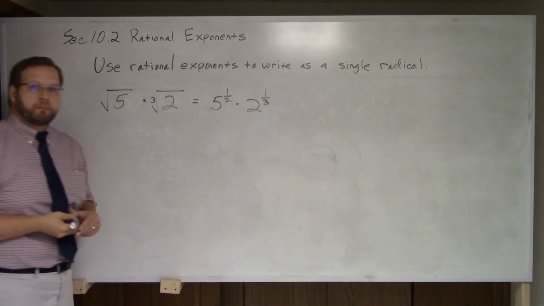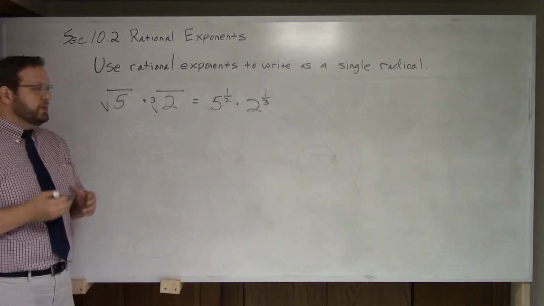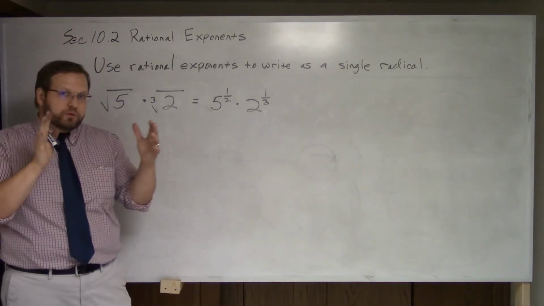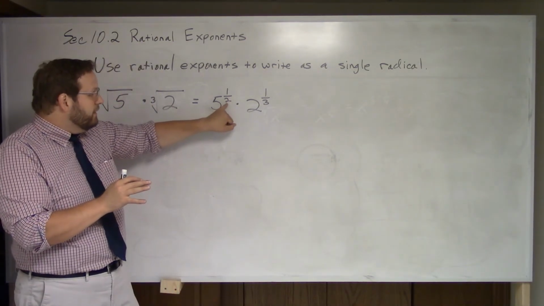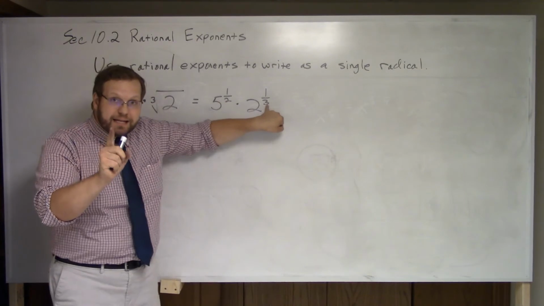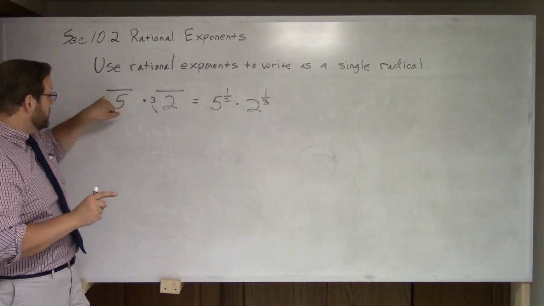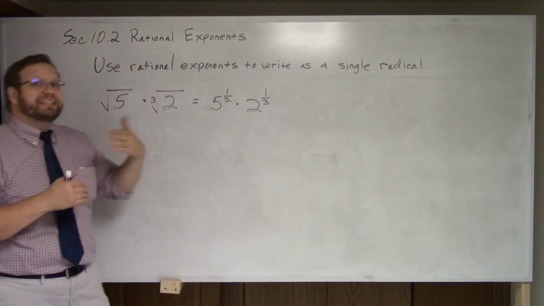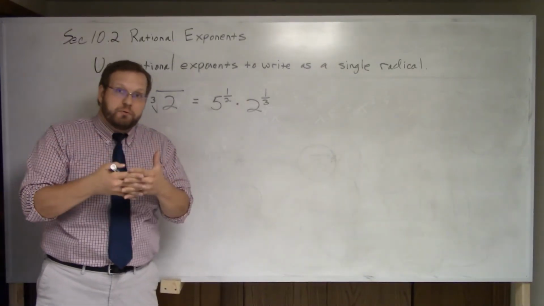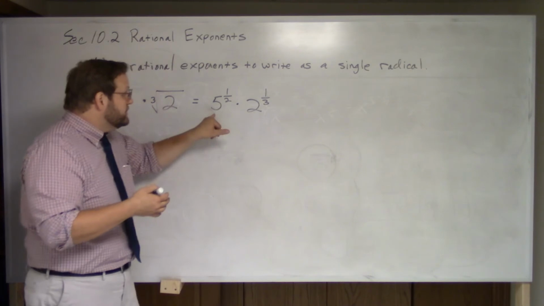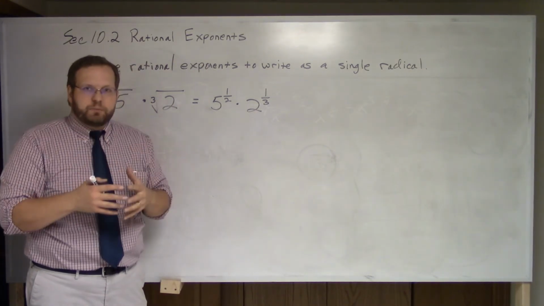exponents. Okay? Now, if we want those two to come together, what we're going to be aiming at are those denominators, because those denominators show us the indices. If the denominators match, that means the indices match, that means we can pull it together. Okay? These are not like bases where we just add the exponents together.